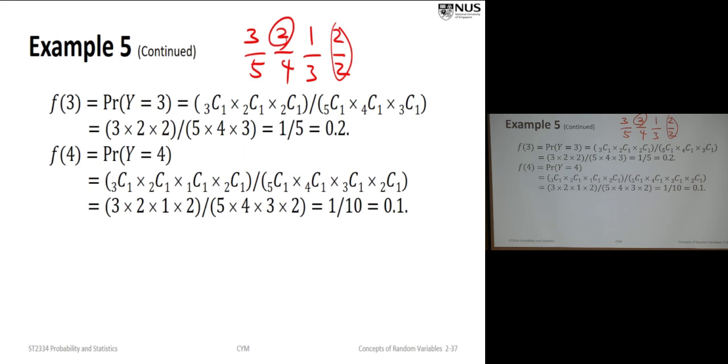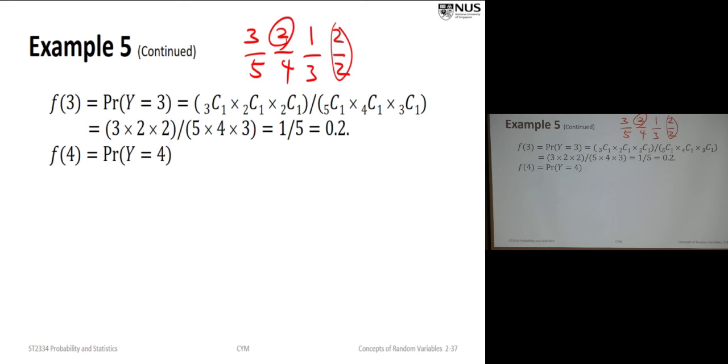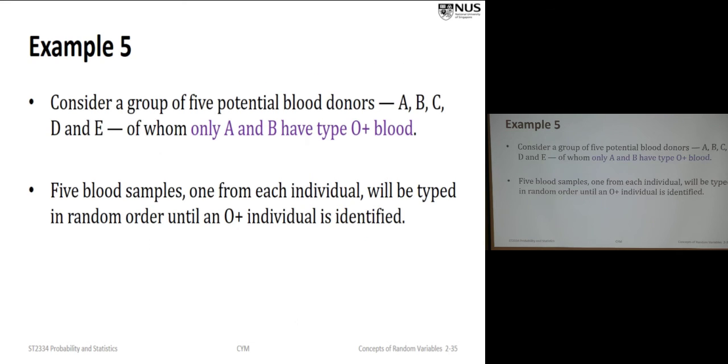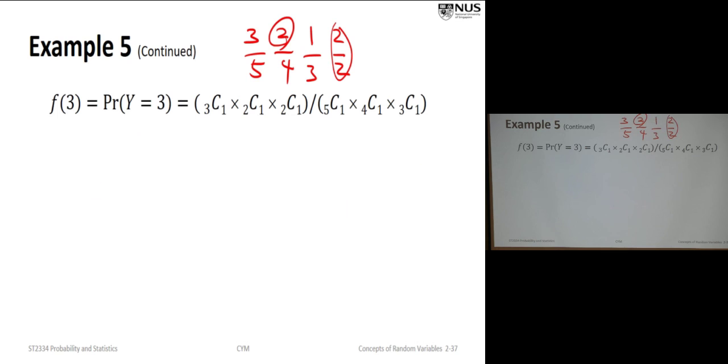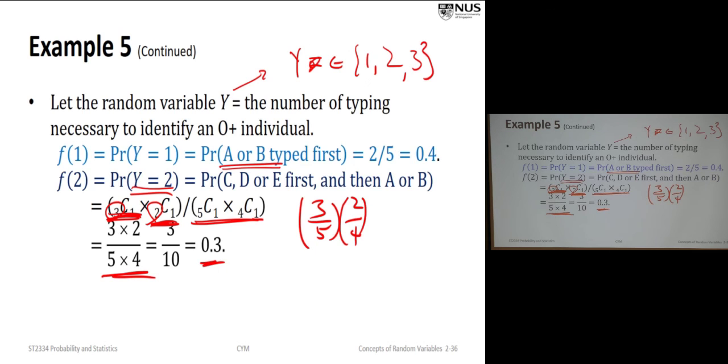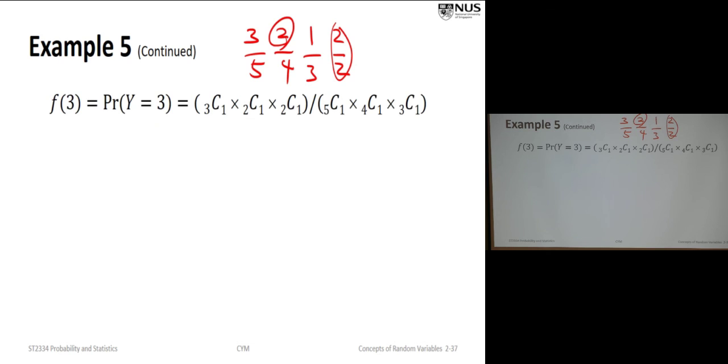Oh! What about 4? Okay, 4. Let me check. How come? A, B are positive until O positive is identified. So 0.4, 0.3, and 0.2.